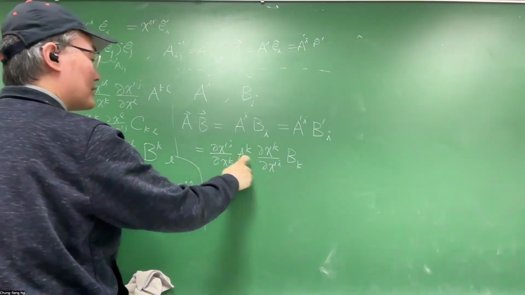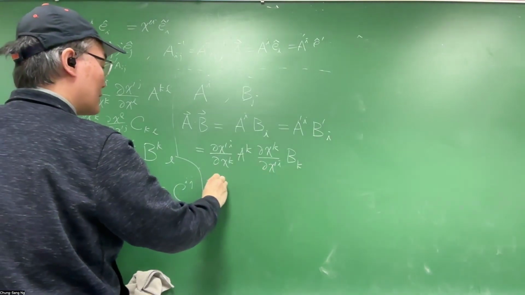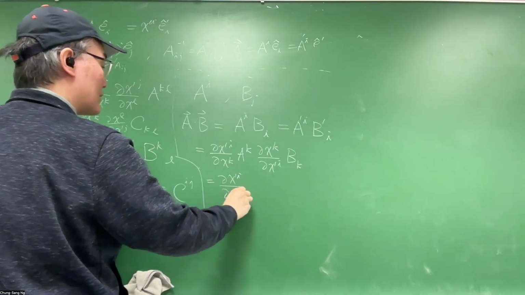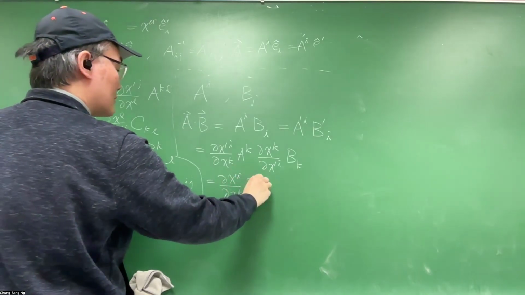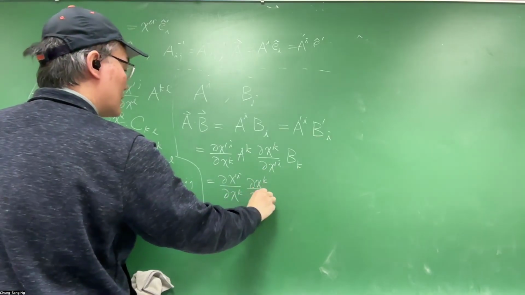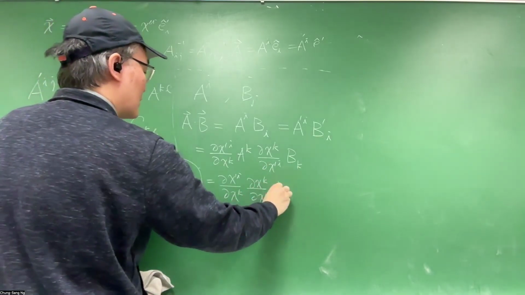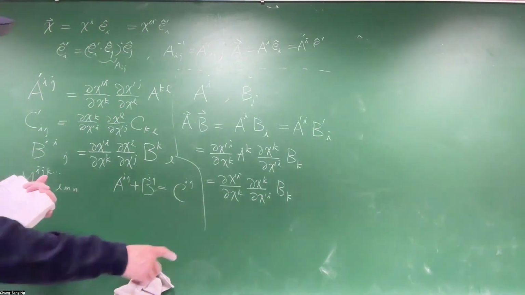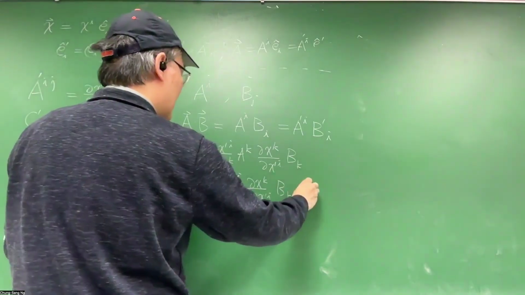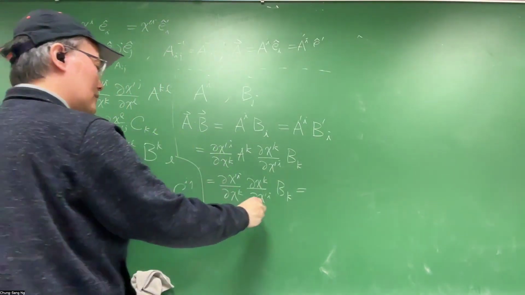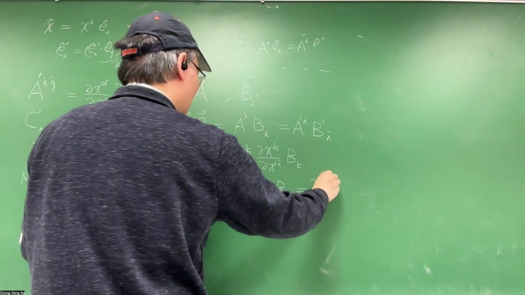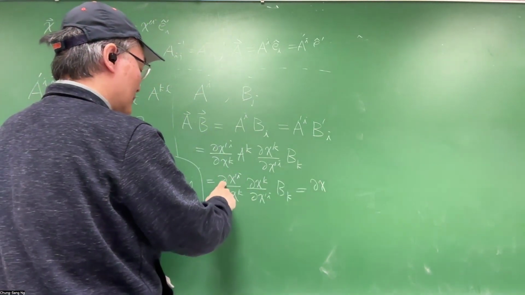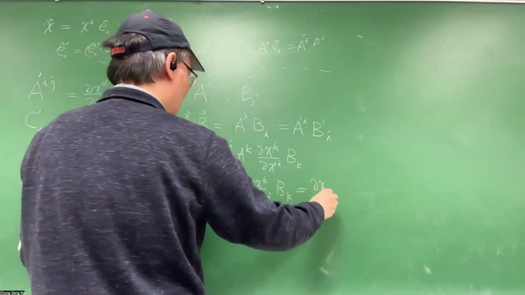Now you can group these two together and realize that this is like a chain rule, which gives the Kronecker delta.